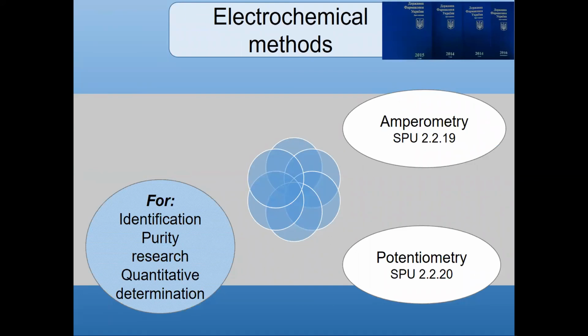Electrochemical methods in the State Pharmacopoeia of Ukraine: you can see numbers of articles of the Pharmacopoeia, amperometry and potentiometry. These methods are for identification, purity research, and quantitative determination of medicines.